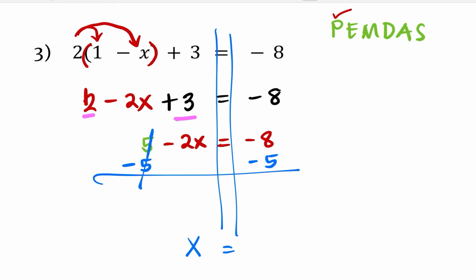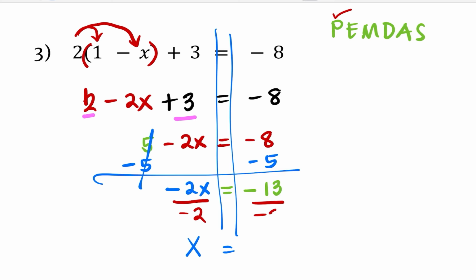And that will leave us with negative 2x. Do not forget to drop the negative sign with the 2. So it goes with the number, and negative 8 minus 5 is negative 13. Dividing both sides by the coefficient of x, that is negative 2.